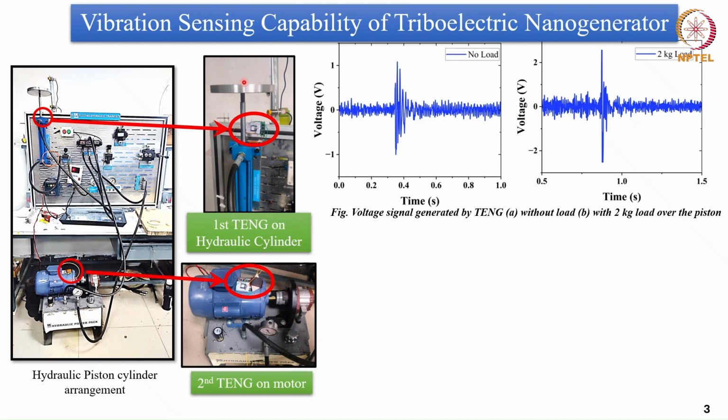And if we add an external load over the piston, we get a voltage signal of higher amplitude.